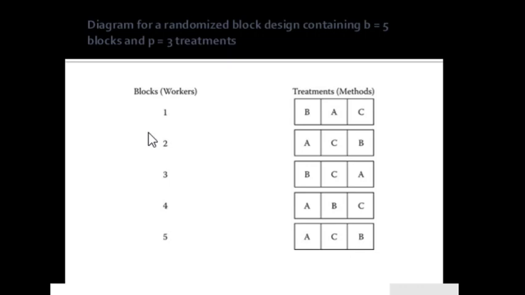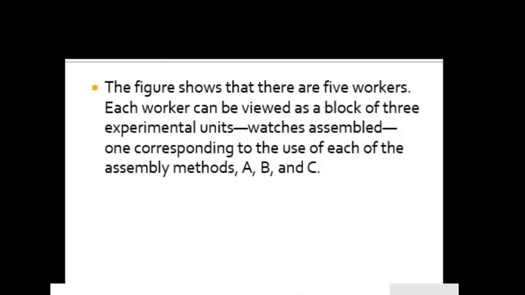So worker 1 uses either method A, B, or C. Same for worker 2. He will use methods A, B, and C to assemble 3 different watches, and so on and so forth. Okay, so this shows that there were 5 workers. Each worker can be viewed as a block of 3 experimental units.